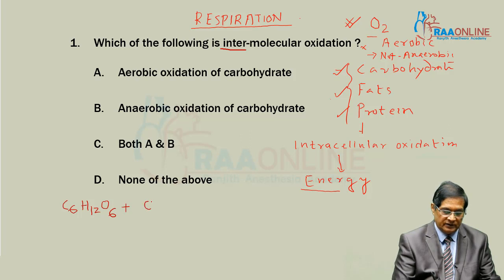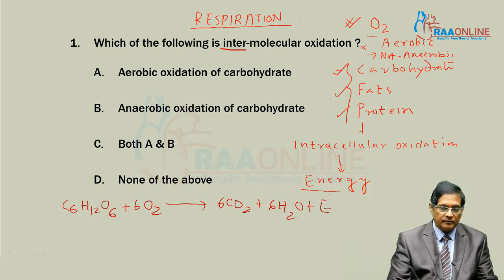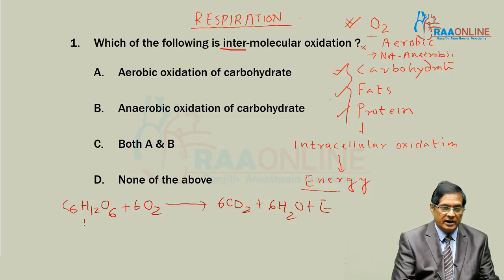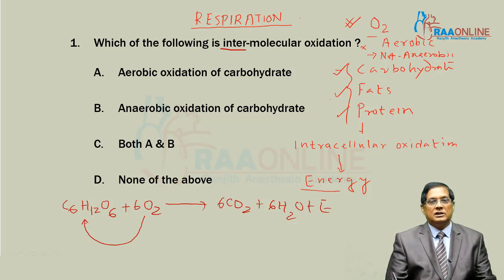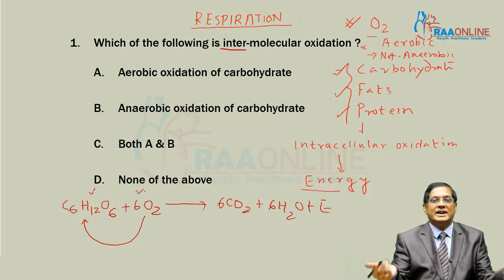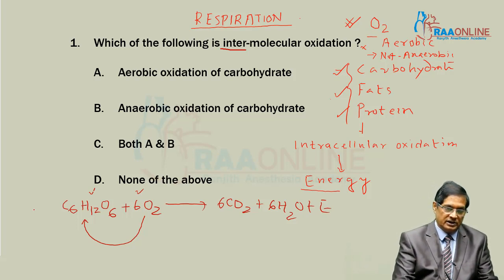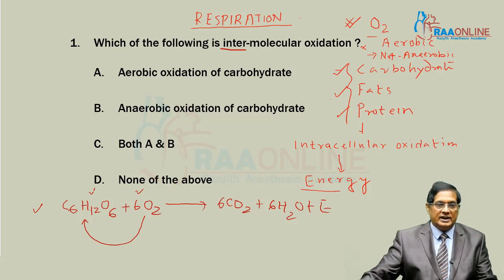For its oxidation, if oxygen is taken in, that is 6O2, it gets converted into 6CO2 plus 6H2O plus energy. Oxidation of carbohydrate takes place with the help of oxygen. That is involvement of two different molecules. This is intermolecular oxidation. So we can say it is aerobic oxidation.